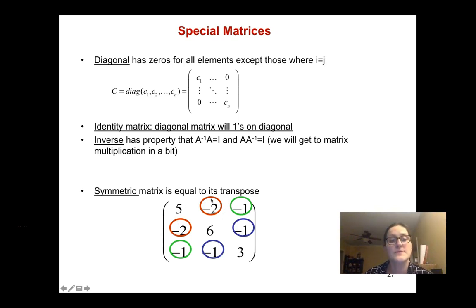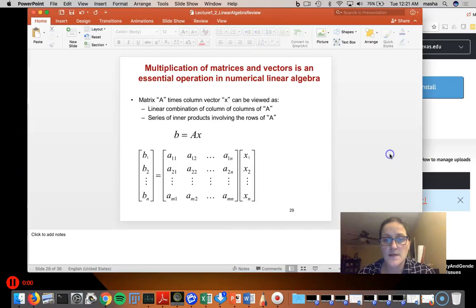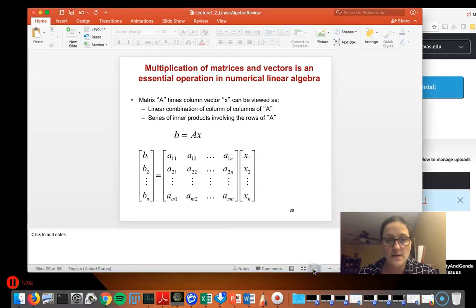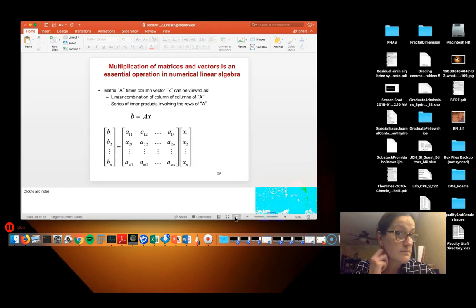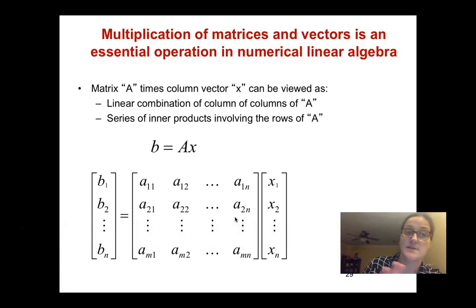Element 1,2 is the element in the first row and the second column. Okay? So they're equal, and same as 1,3 and 3,1, and 3,2 and 2,3. Okay?